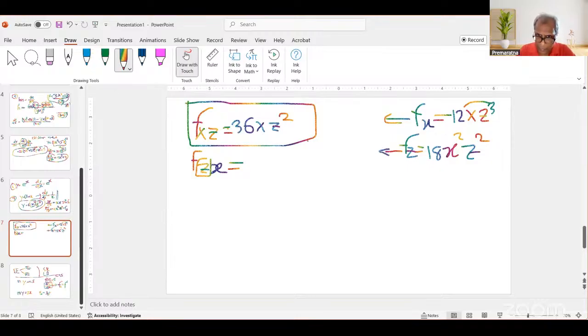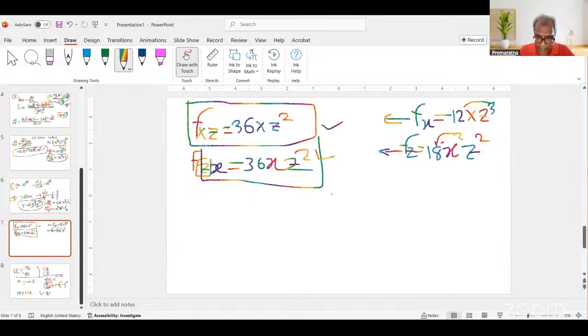The answer becomes 36 x, because 2 times 18 is 36, z squared. You can see these two are the same, no difference.